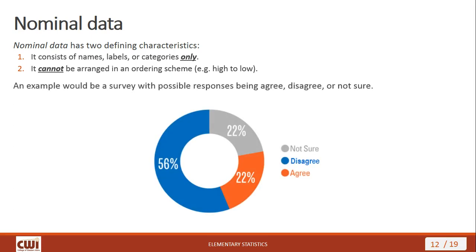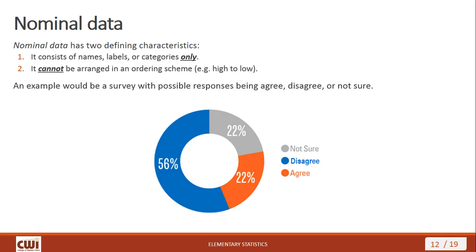If the data is quantitative, then it's not going to be nominal. In order to have nominal level of measurement, you've got to have categorical data. The second characteristic is that it cannot be arranged in any sort of ordering scheme. Here's a good example. A survey with possible responses being agree, disagree, or not sure.